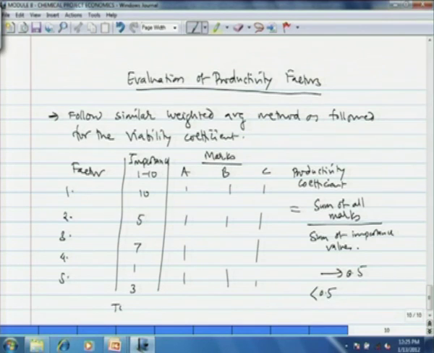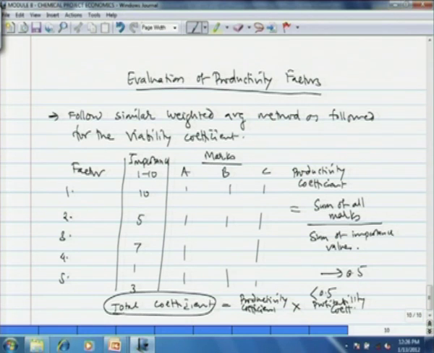For that, the total coefficient or effective coefficient could be taken as a product of productivity coefficient and profitability coefficient, and then we choose the one which has the highest total coefficient value, numerical value.